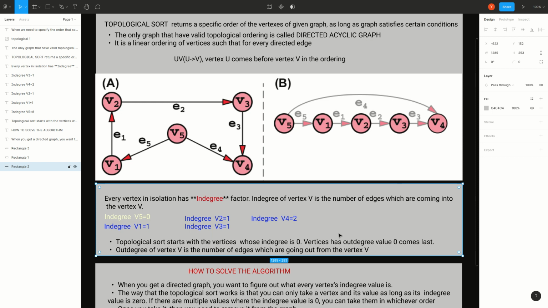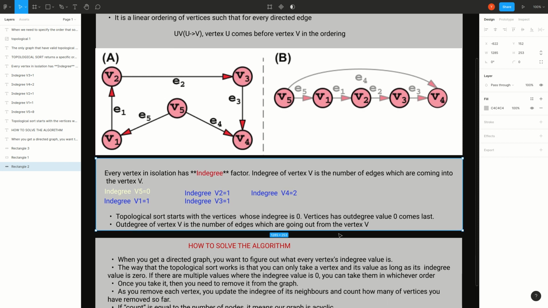Now, how are we going to solve the algorithm? First, we get the in degree value of each vertex, as I showed here. I already prepared those. Then we start with the vertex that has the in degree value of 0.